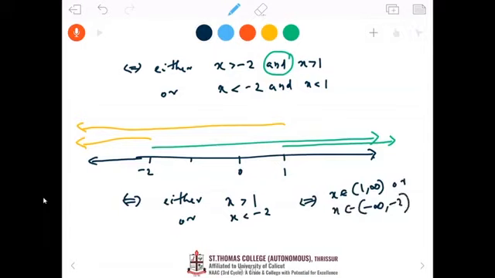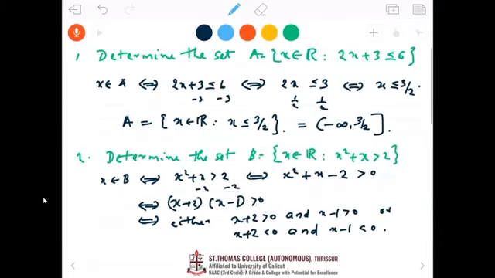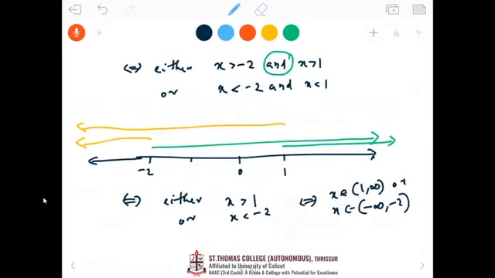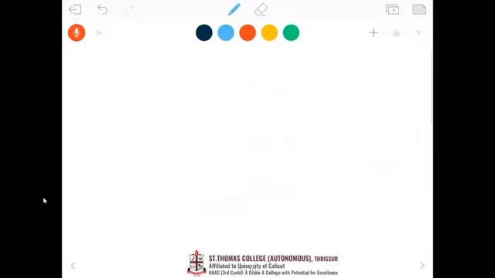X less than minus 2 means this. So what is your B? Our B is (minus infinity, minus 2), here I have OR, which means union, (1, infinity). This is our B.